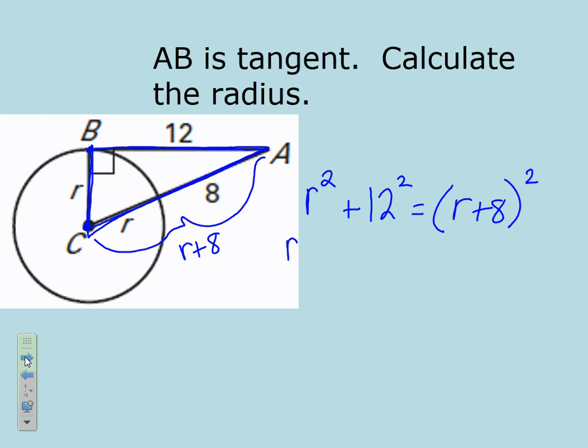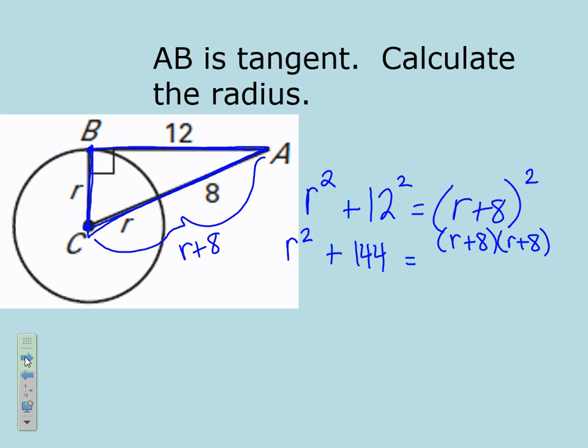So the left side here stays R squared plus 144, whereas the right side over here, R plus 8 squared is a little bit different than R squared plus 64. That means that you have 2 R plus 8s being multiplied by each other. That's what this really means.